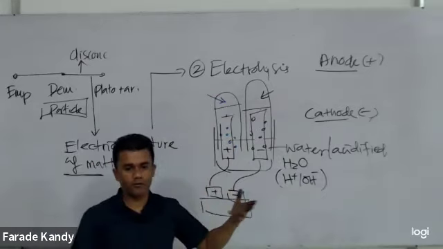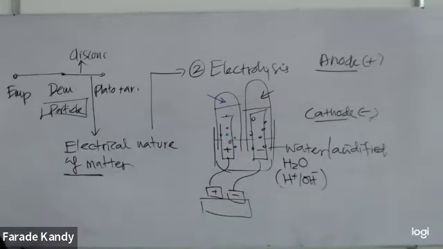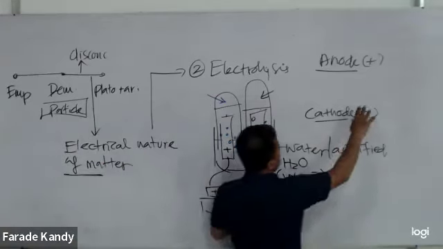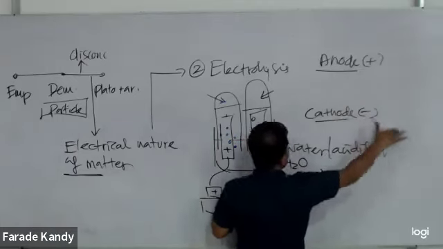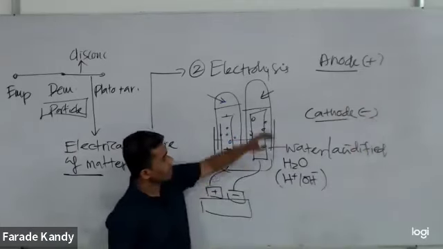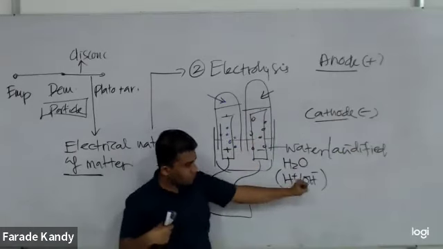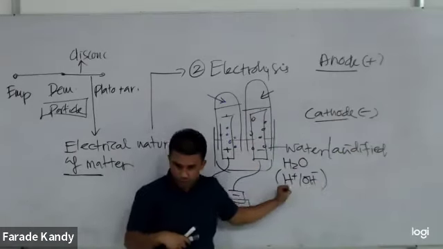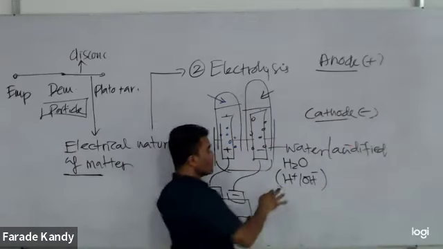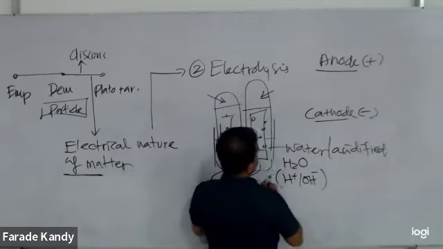No. Some of you don't agree about that one. Let's see what will happen. Now, start with the negative one, the cathode. Will the negative cathode attract positive H plus or negative OH minus? Positive H plus. The cathode will attract positive H plus.